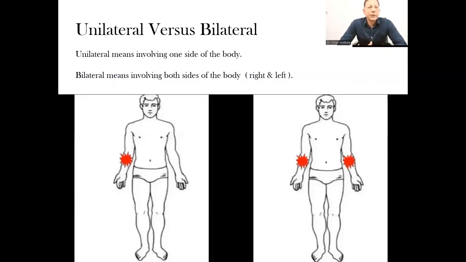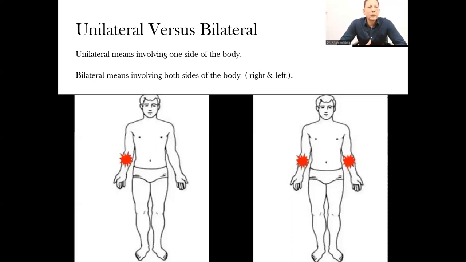Unilateral and bilateral. Uni means one or single, bi means two. So unilateral means something is happening or occurring on one side of the body, while bilateral means something is happening on both sides of the body. Let's say, for example, there are 2 ears, 2 eyes.